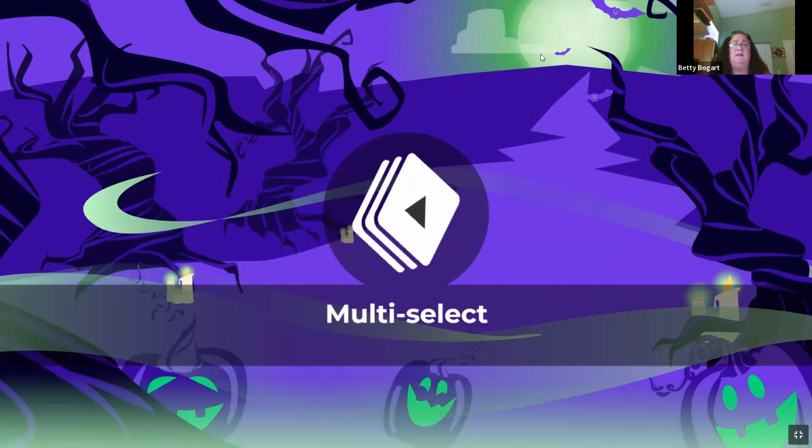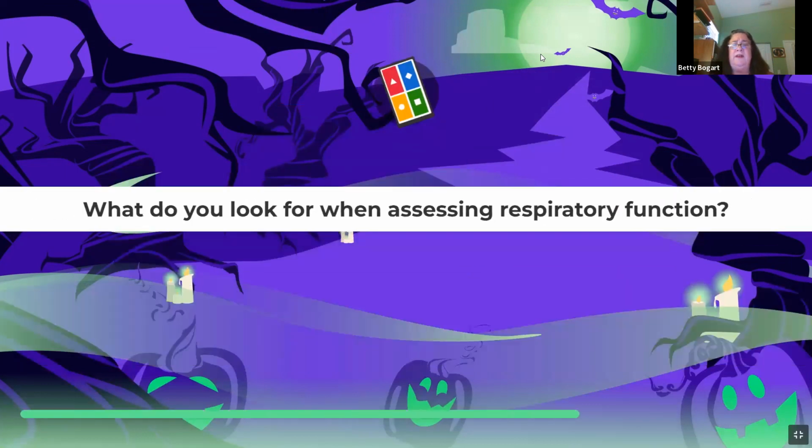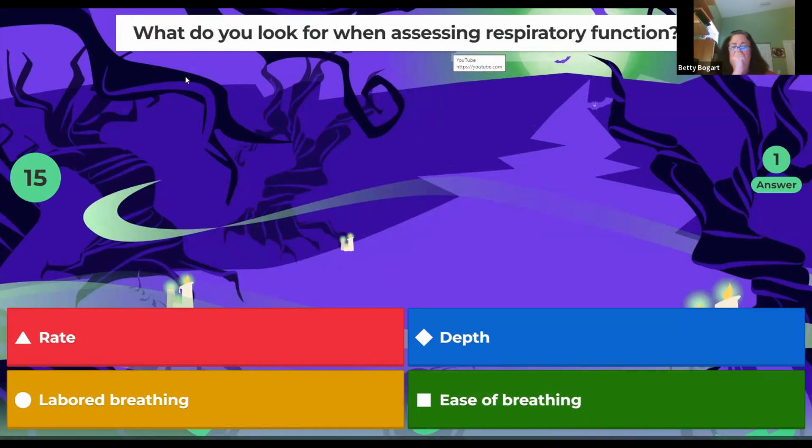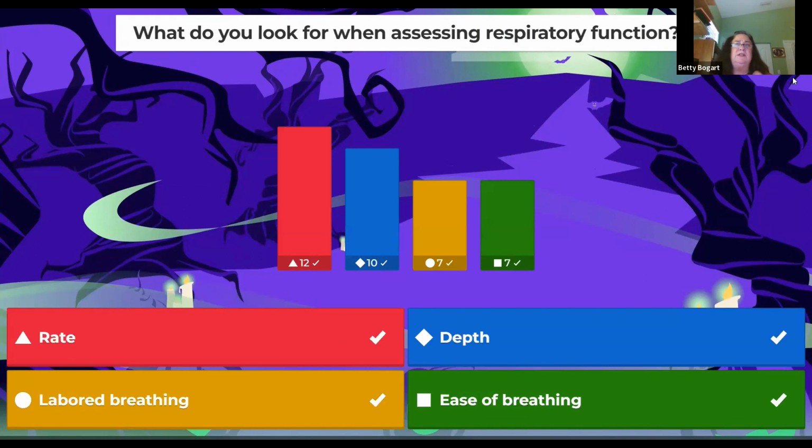Multi-select. What do you look for when assessing respiratory function? Another thing, children, you can just sit there and watch them and you can see what's going on.